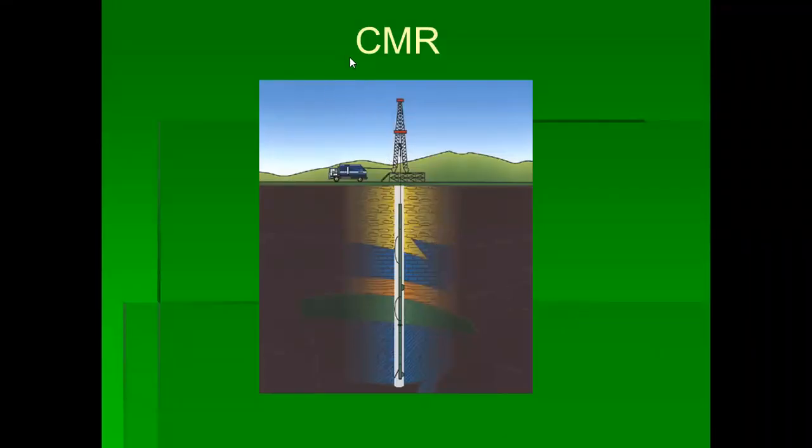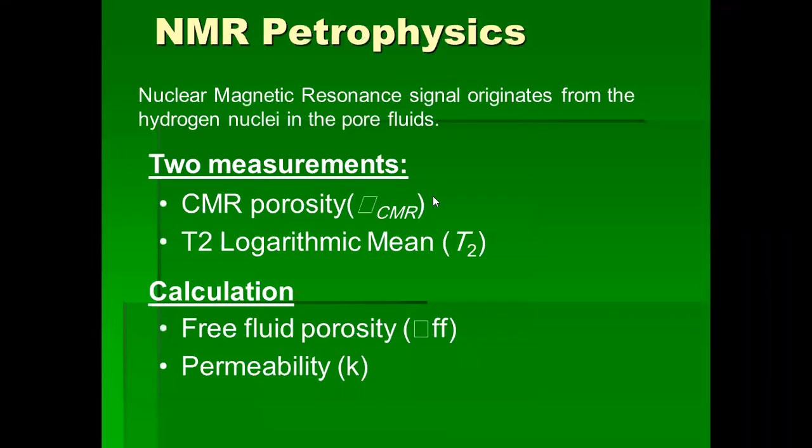And about the compensated magnetic resonance logging tool by Schlumberger, there will be two basic measurements, the CMR porosity and the T2 logarithmic mean. And we can obtain some calculation of the free fluid porosity, phi effective, and the permeability K.